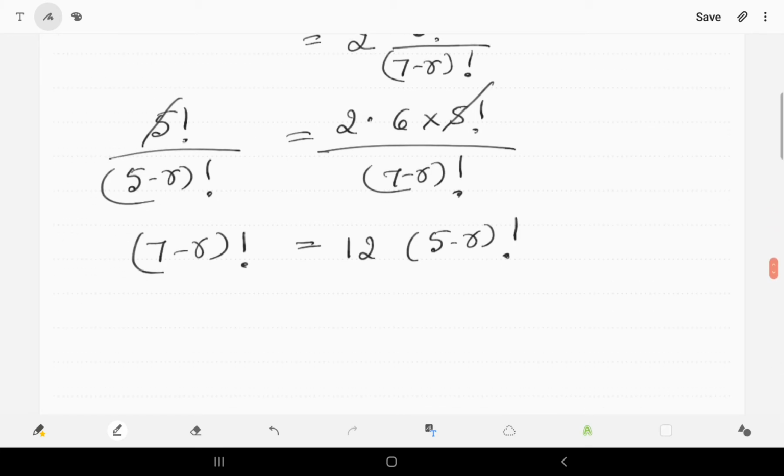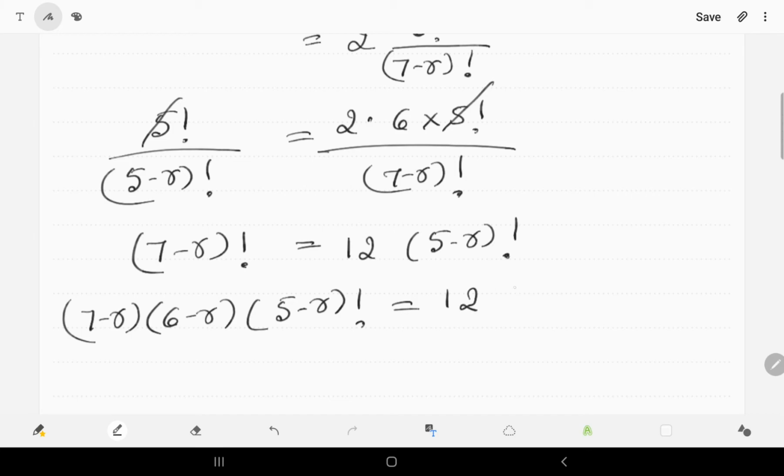(7 minus r) factorial can be written as (7 minus r) into (6 minus r) into (5 minus r) factorial, that is equal to 12 into (5 minus r) factorial.